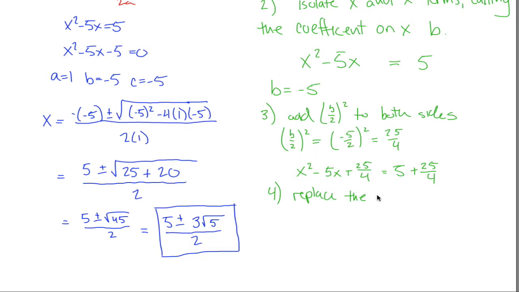Replace whatever. Replace the perfect square. Can't think of a better way to say it. Maybe I'll say hint. It will always be x plus b over 2 squared.